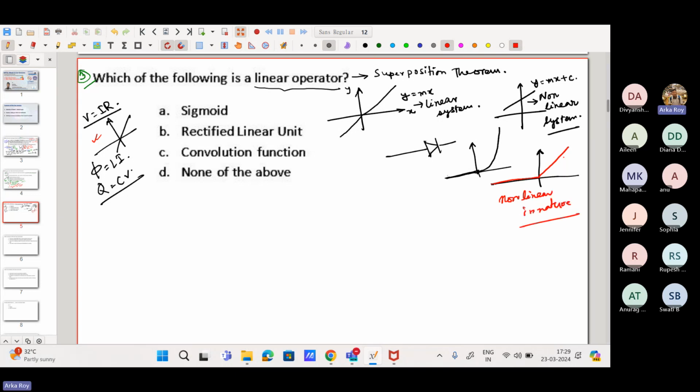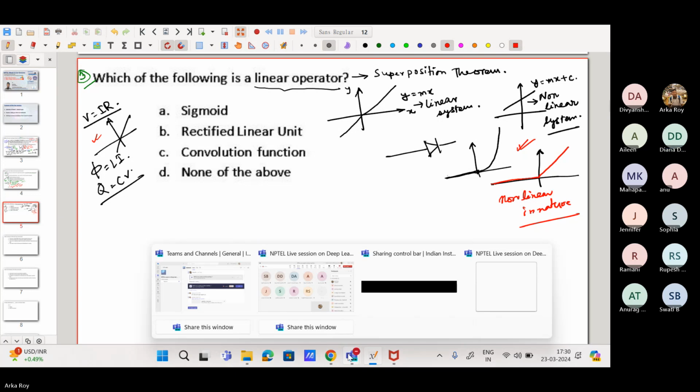Now, can anyone tell me which activation function resembles this response? What activation function have we read that has similar characteristics? The ReLU.